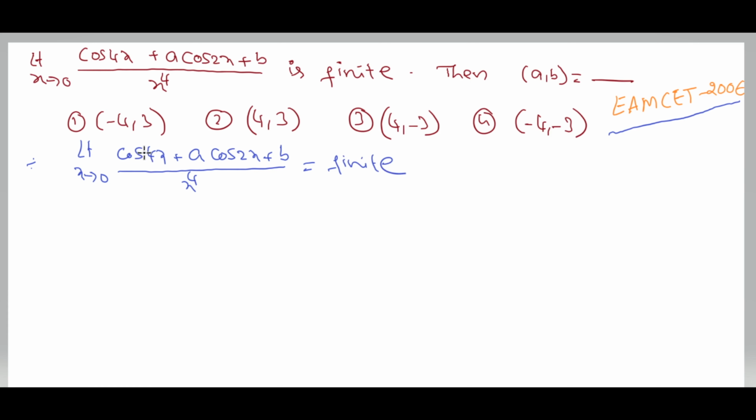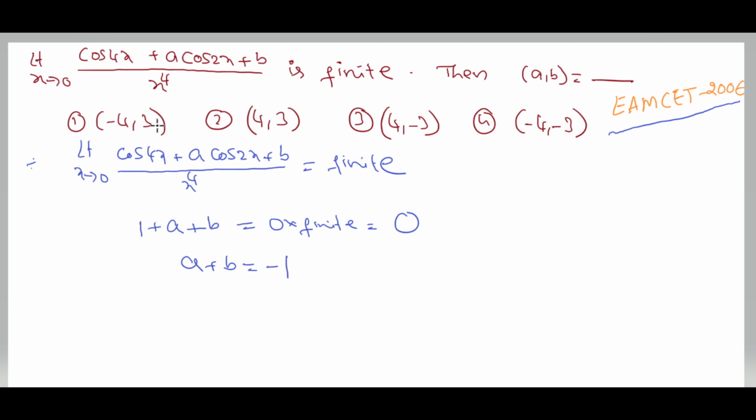Now we substitute x tends to 0, thus cos 4 into 0, cos 0 is 1, a into cos 2 into 0, cos 0 is 1, that is a into 1, a plus b by x to the power of 4, 0 power 4 is 0, that is equal to 0 into finite value. So 0 into finite value is equal to 0. From this equation, a plus b is equal to minus 1.